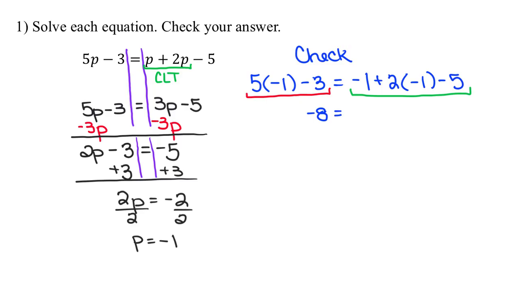Negative 1 plus 2 times negative 1 minus 5. You get negative 8. The 2 sides match. You've just checked your answer. And if you and your group have differing answers, this will prove that somebody's right, somebody's wrong, and you can go back and analyze your work.